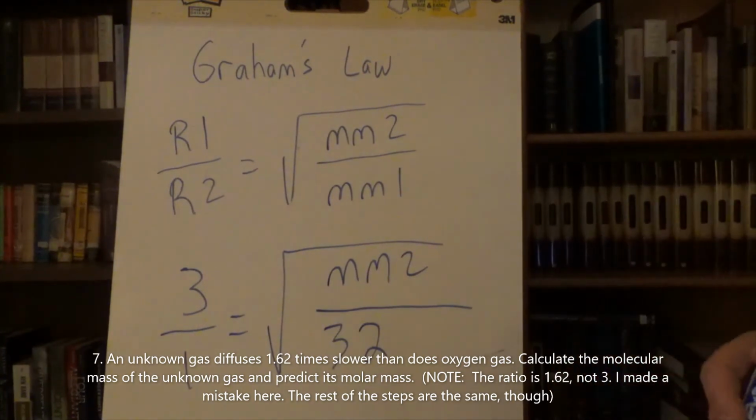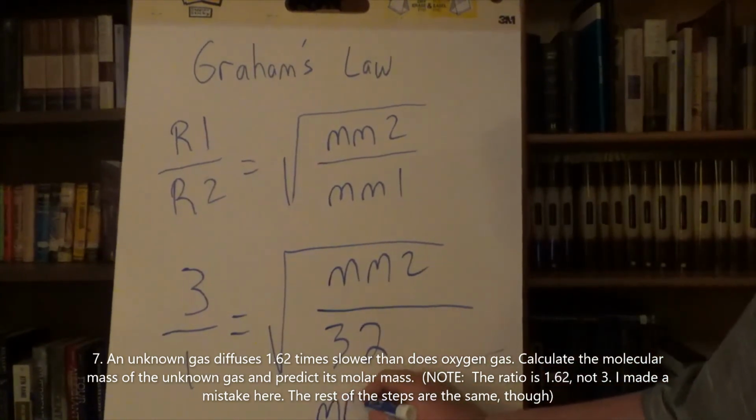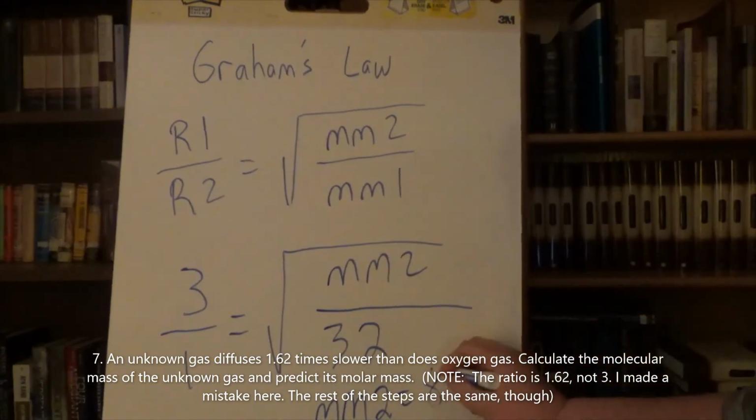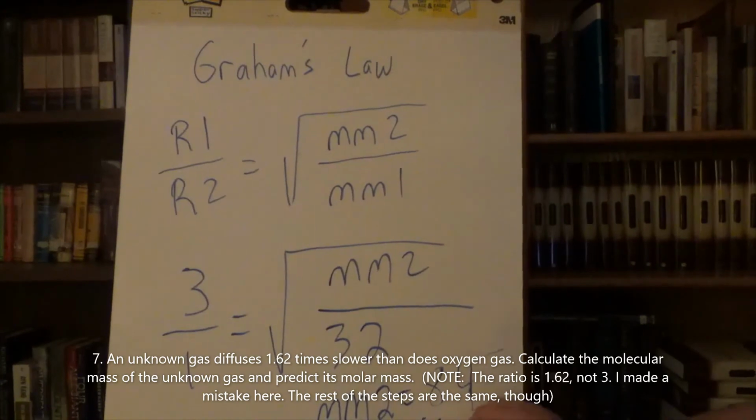In the notes online, I said you multiply both sides by radical 32. You could also square both sides. In the end, you get MM2 is equal to, I gotta check my notes, 84. Alright, so MM2 is krypton. Kr, that's the unknown element.